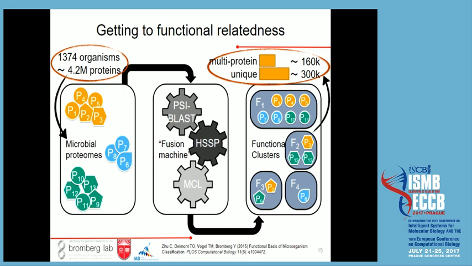And I want to stress here that only about a third of those are actually clusters that contain multiple proteins. So 300,000 out of those 460,000 protein functional clusters are actually protein, respectively functional, unique.